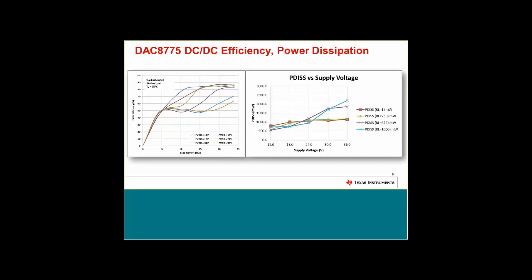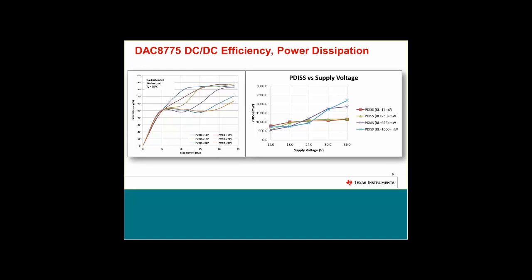So the two graphics here are intended to give an idea of what the efficiency of the DAC8775 looks like. Since we have a number of variables here, we represent it in two graphs because we operate from an input supply from 12 to 36 volts, which definitely impacts efficiency. And then depending on what the load is, this high side supply voltage also changes, and this modifies our power dissipation.